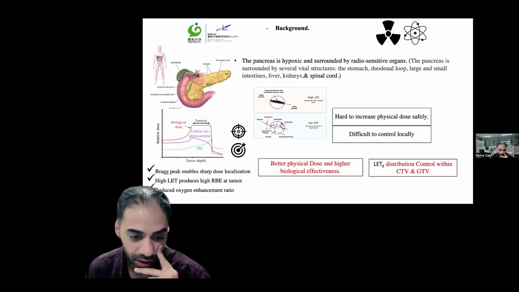Because of this anatomy, it is difficult to safely increase the physical dose. Another reason is that pancreatic tumor can be biologically resistant due to hypoxia, which makes local control very challenging.